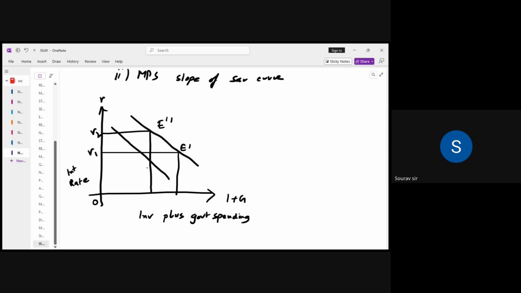And this is I0 and this. So it will be I2 plus G, I1 plus G, and I0 plus G. Okay, this is one. We'll do three diagrams. This is I plus G, as you can understand.